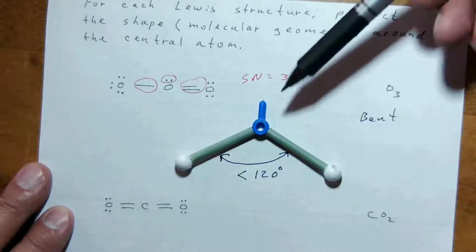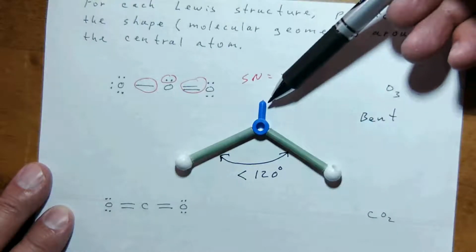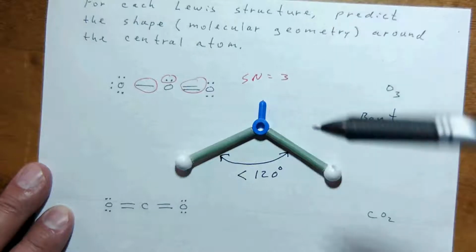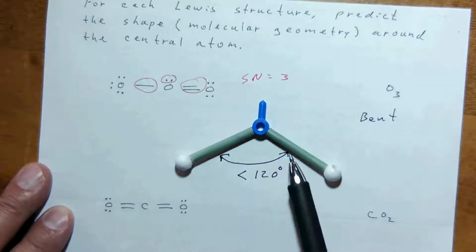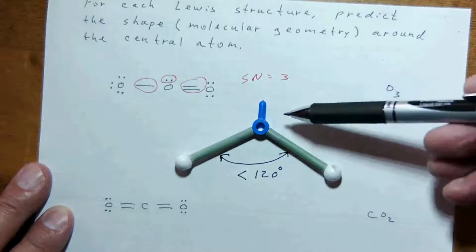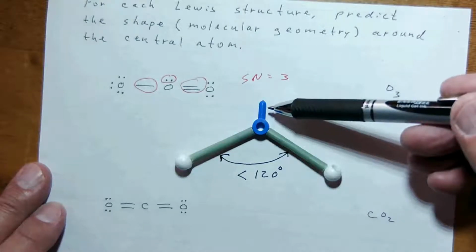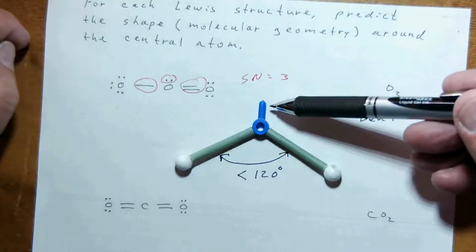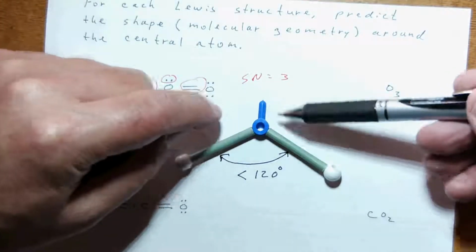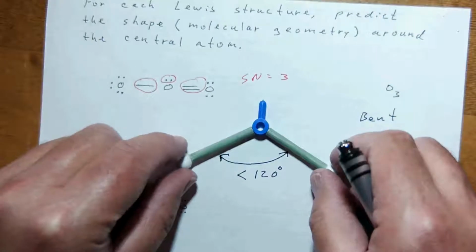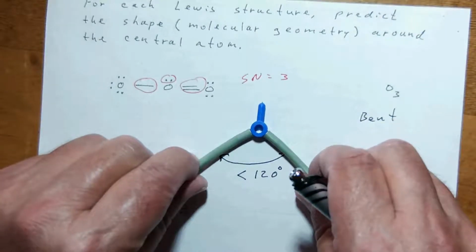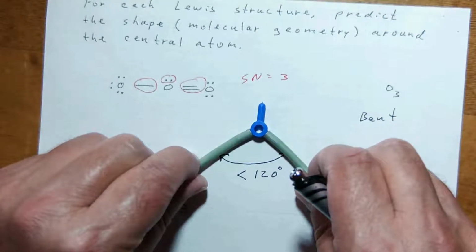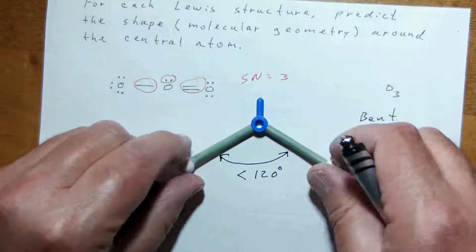It turns out this lone pair repels more than do bonding pairs. So it's the stronger of the three groups around the central atom, so it's going to want more room. This lone pair is going to constrict this angle a little bit from the ideal, which is 120. So it's actually going to be less than 120.